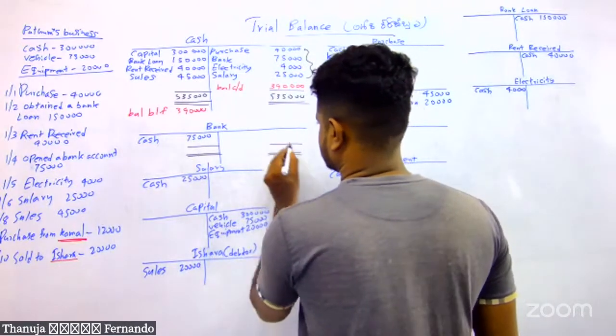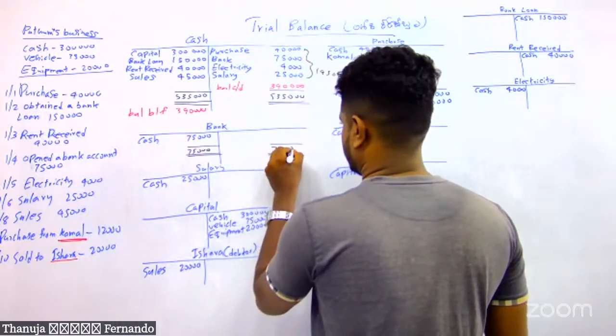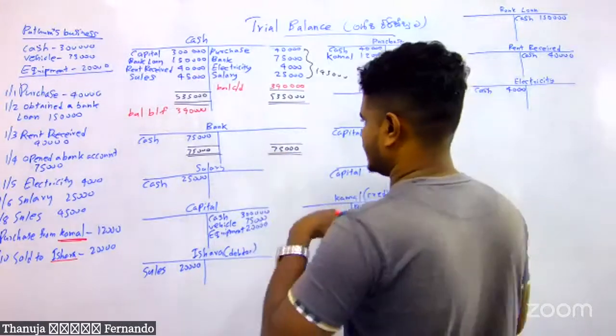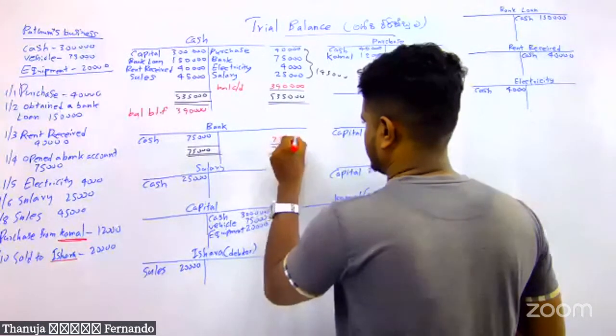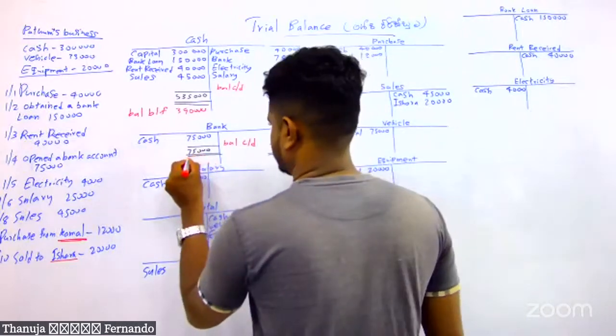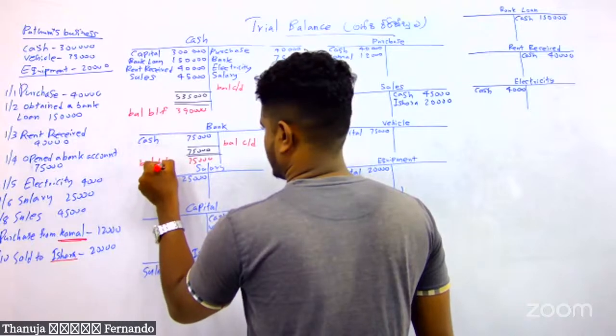Take the higher balance, here 0, then 75,000 to both sides, then deduct 0. When we deduct 0, balance is 75,000 as balance CD, then balance BF we can take to the next month.